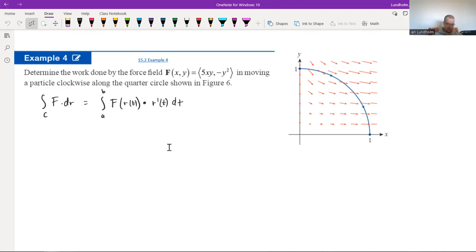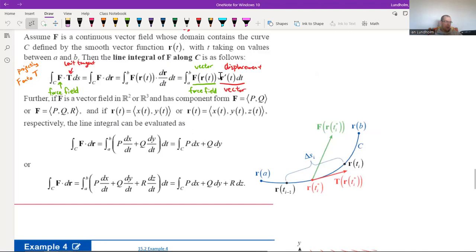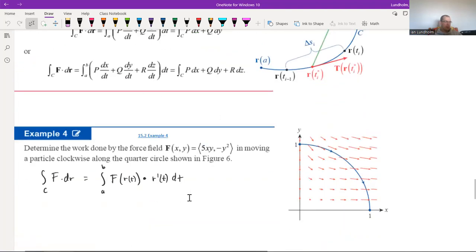Yeah, this part doesn't look good. I'm going to rewrite it. That's r of t. There we go. And so we're taking a dot product between those two things.